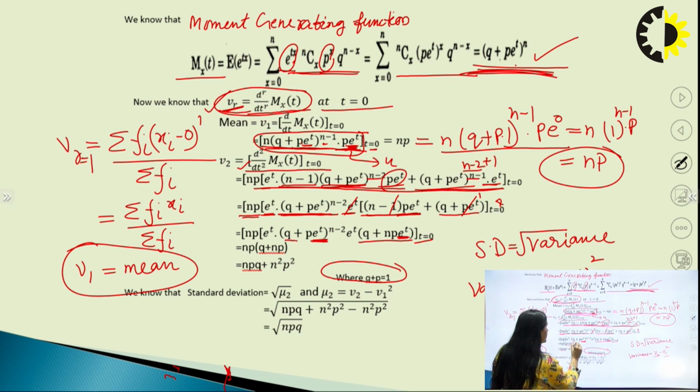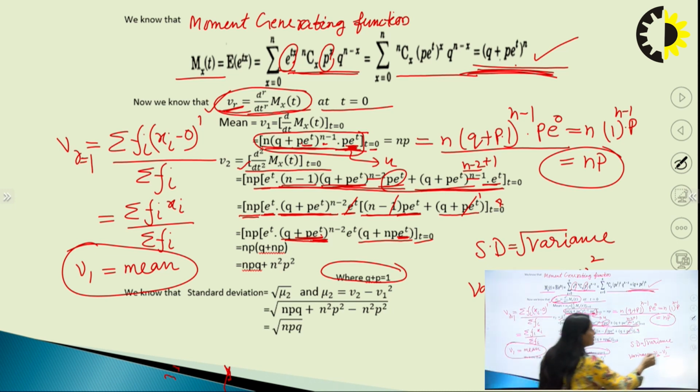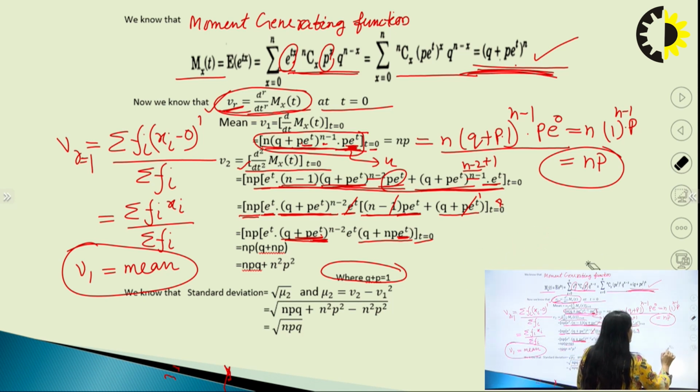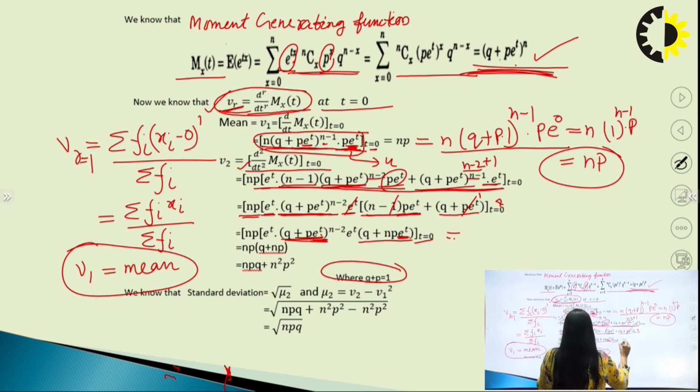So what we get from here? We will get q plus p to the power n minus 1, which is equal to 1. So if I write here once again the same term, I am erasing it and I am writing it. When I write it here, I'll get np, this e to the power t will become e to the power 0.